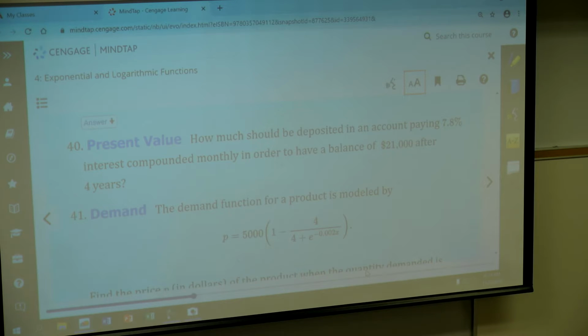And what is the period? 4 years. What is 0.078 over 12? 0.0065.